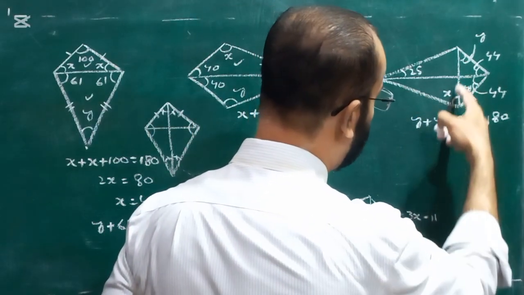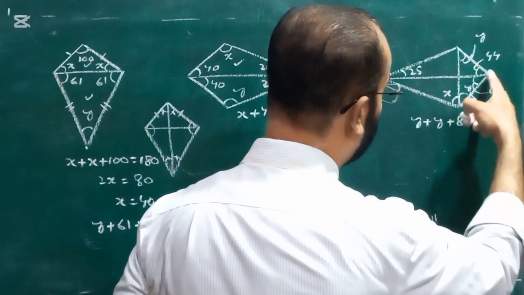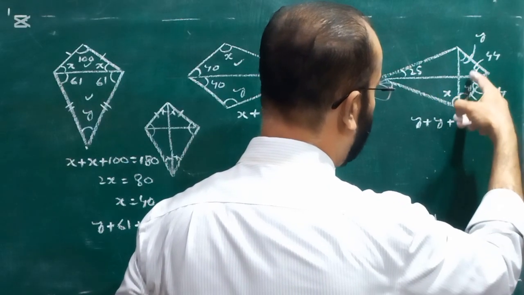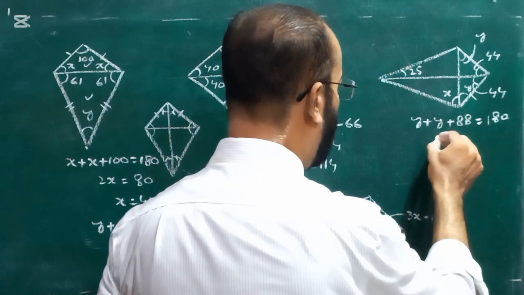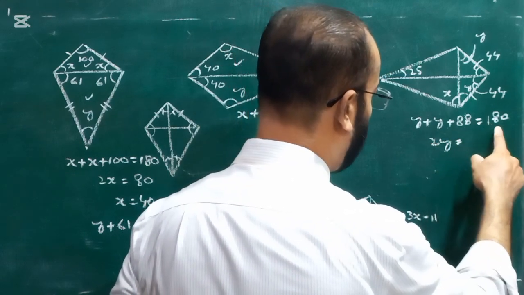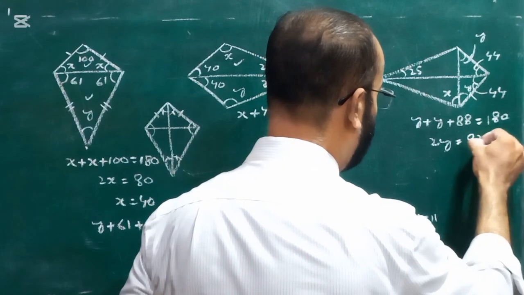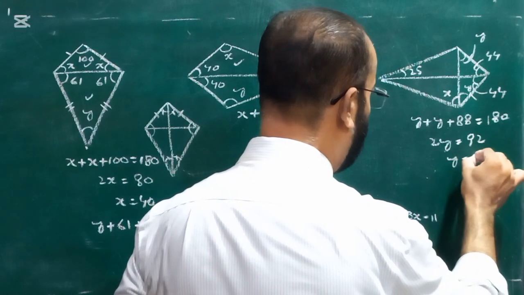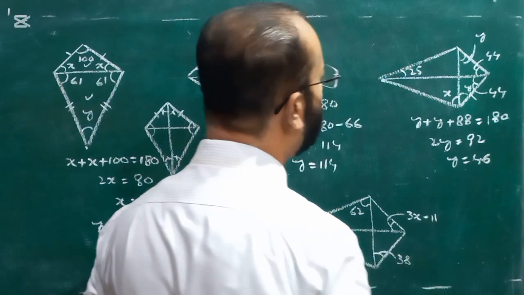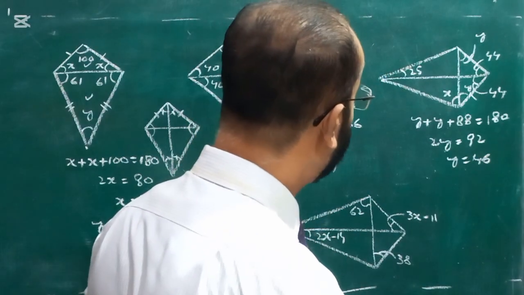So this is the triangle I'm talking about, on which I'm rolling my finger. So this is y, and this angle is 88. So from here y will be equal to 92, and y will be equal to 46. So y is done.